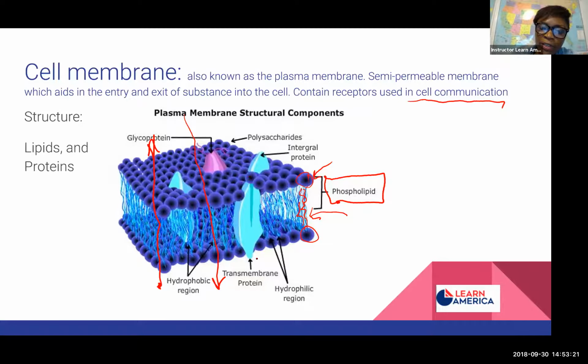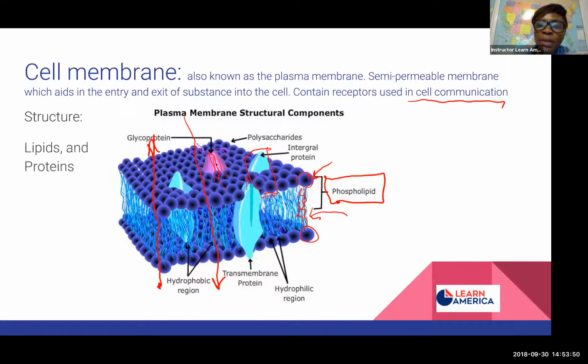It's going to travel all the way through into and out of the cell. We have the integral protein, which you only see in portions of the cell membrane. And then we have another one here that has a different structure to it. The glycoprotein has a channel inside of it, and sometimes we'll see that listed as a channel protein because of it.